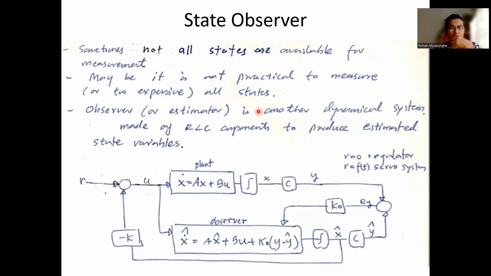So we want to get rid of some of these sensors, which can be replaced by the observer. An observer or estimator is another dynamical system made of RLC components, a block that produces the essential state variables.